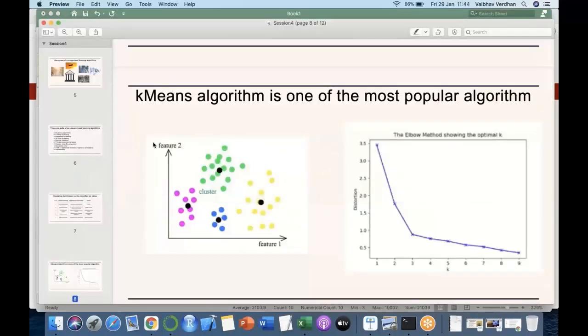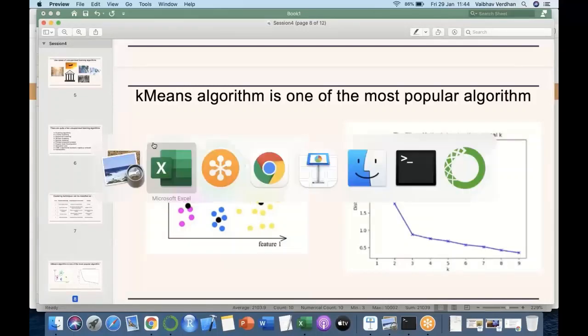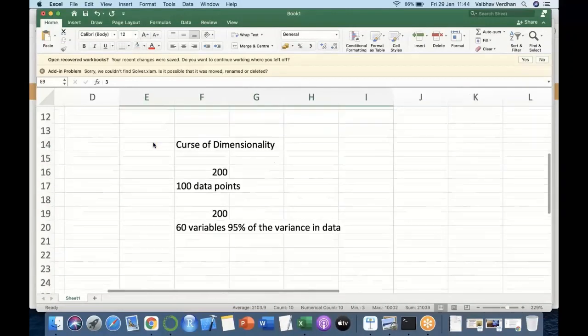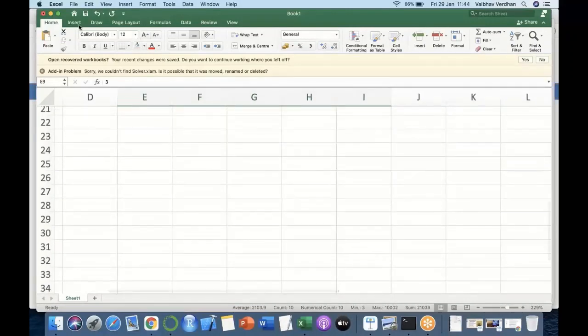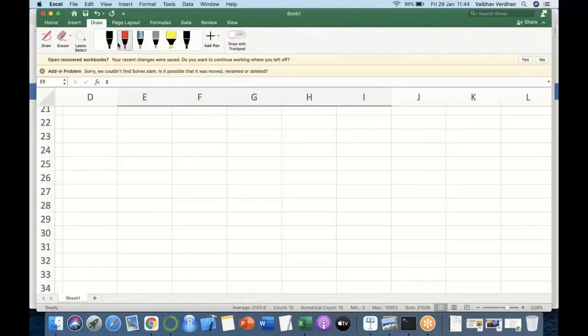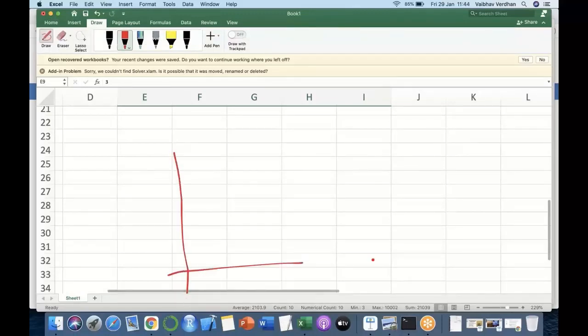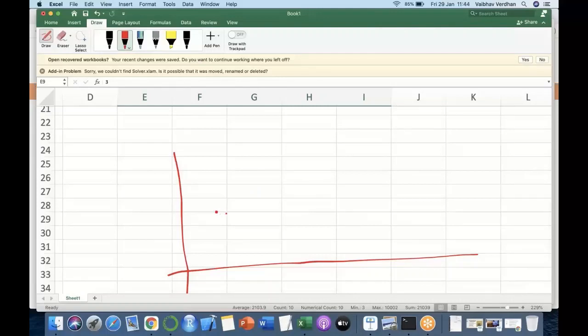The most famous one is k-means clustering. So what happens in k-means clustering, you have to pay attention over here, please. How does the k-means algorithm work? You have your data points at the start. Let's say your data points are like this, right? These are the data points.